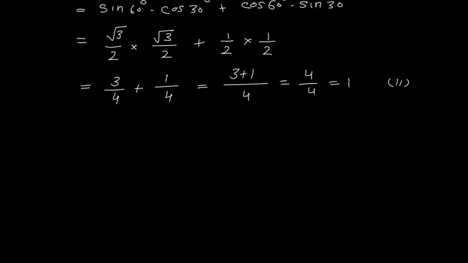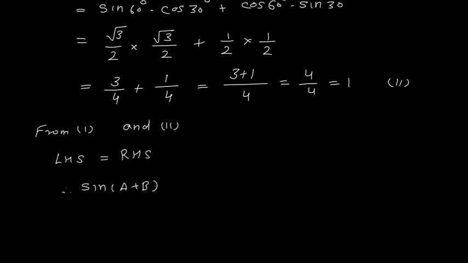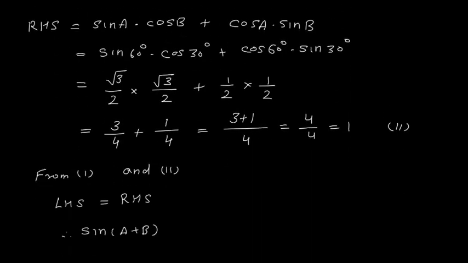So from 1 and 2, left hand side is equal to right hand side. Therefore, we have seen the value of left hand side is 1 and right hand side is 1.